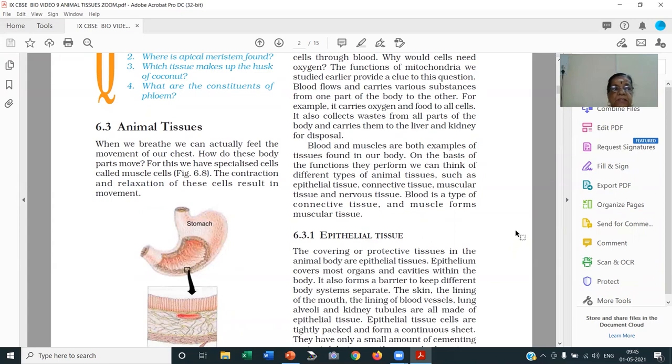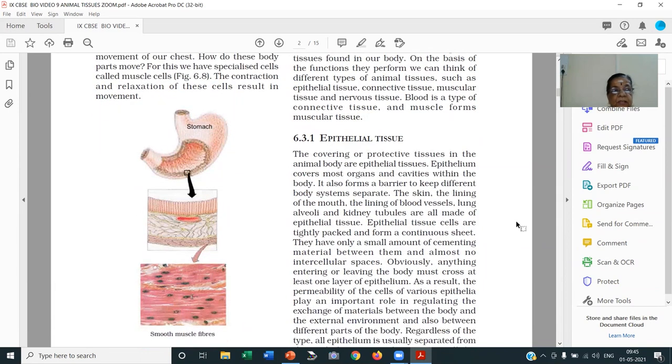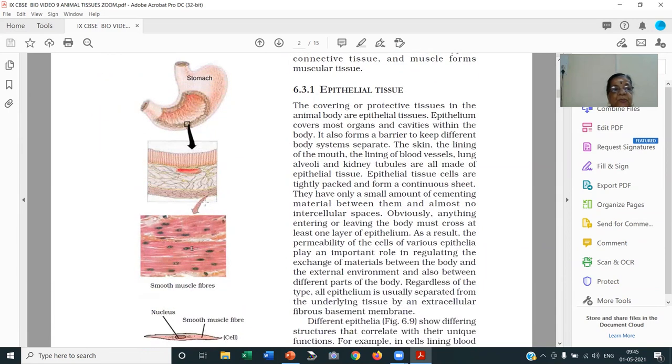And then we say stomach. It is the organ formed of these muscle cells. Actually, they are smooth muscle. See how it is here. At the bottom, we see the spindle shaped structure we have learned. So the smooth muscle is a spindle shaped structure. All the dark dots you are seeing are the nucleus of the cell.